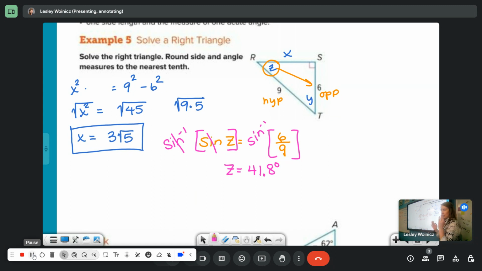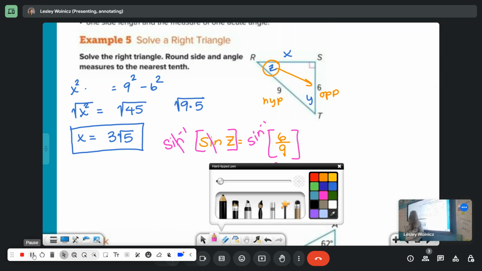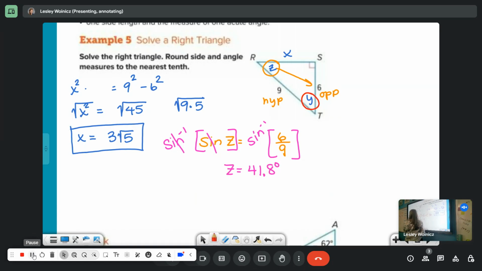Okay, do you guys want to try with the shortcut on the last one? Let's be brave. Okay. So our last one, if we're looking at angle Y, we have the hypotenuse and not the opposite, but the adjacent. So which of our ratios compares adjacent to hypotenuse? Cosine.